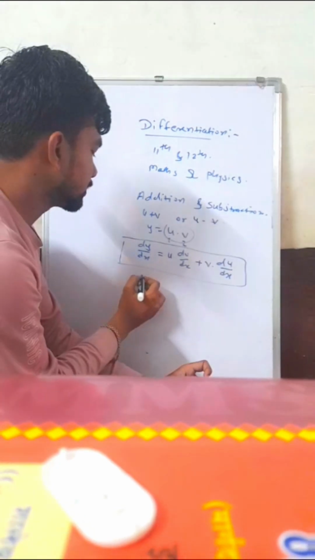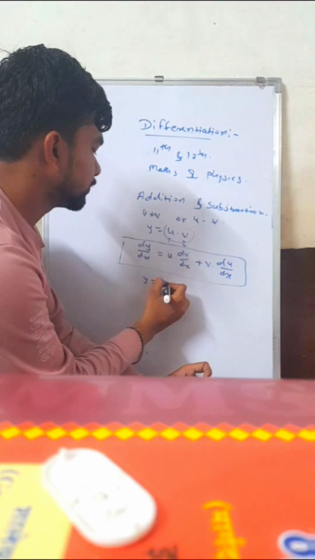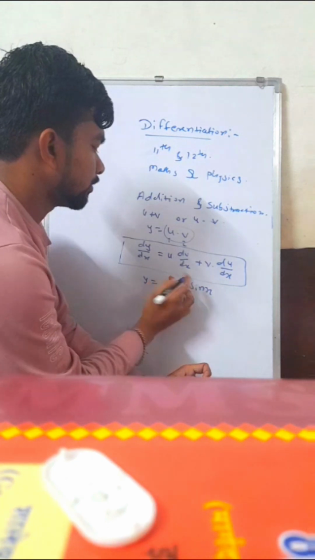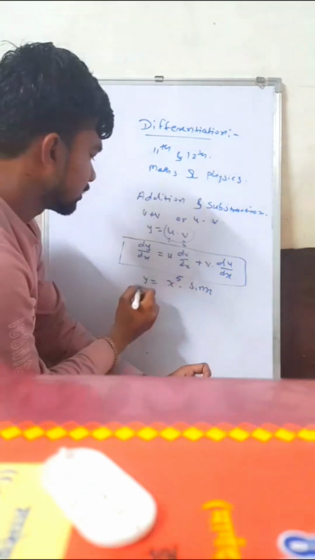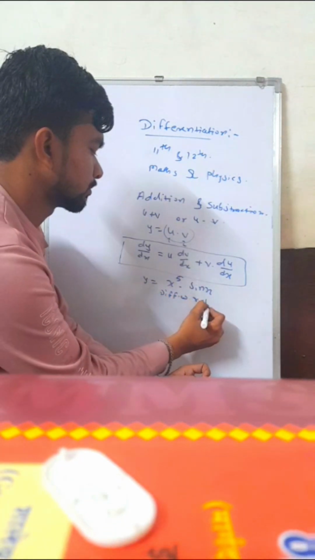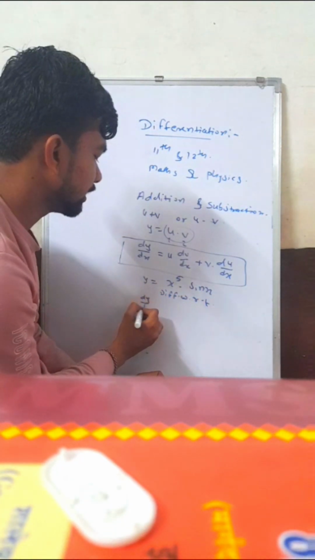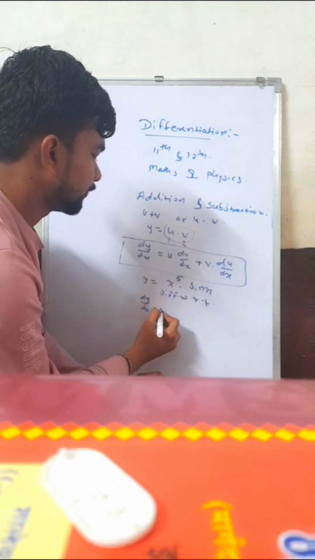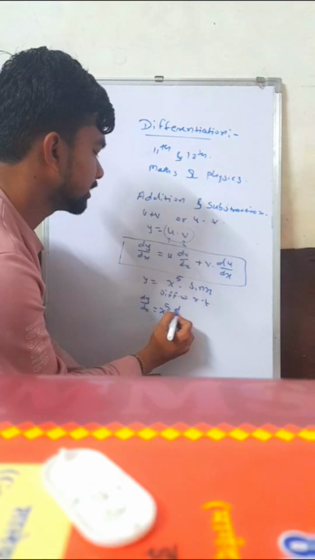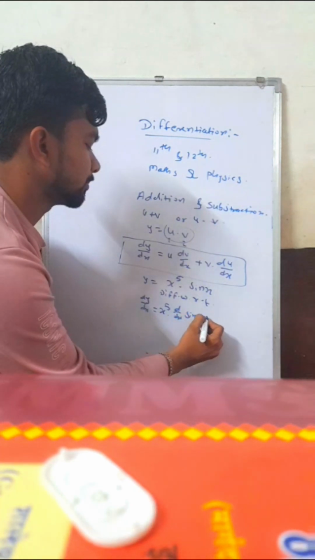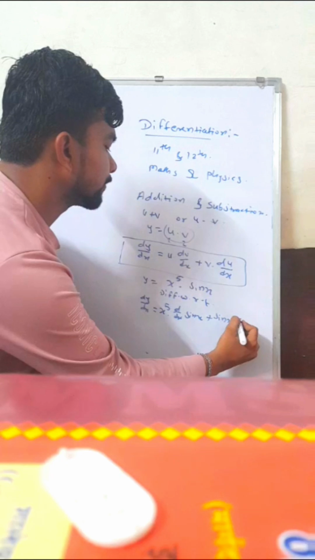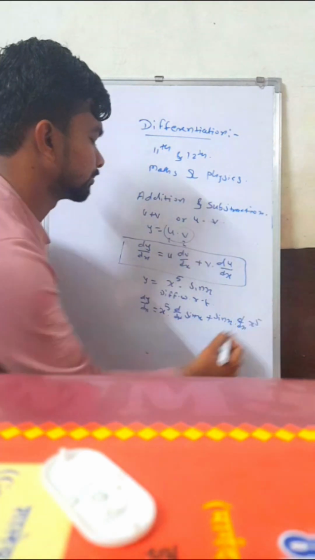For example, suppose here y is equal to x raised to 5 into sin x. For this derivative we differentiate with respect to x, that is dy upon dx is equal to first, that is u, into derivative of sin x, that is d by dx of sin x, plus second sin x into derivative of x raised to 5.